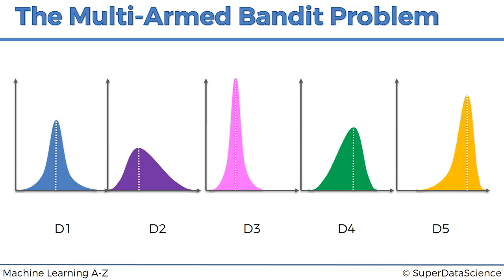I really like the white paper. It goes into a lot of detail. I didn't even read the whole thing, but the first couple of chapters are pretty good if you want to go into detail. But basically, regret is suffered when you're using the non-optimal method, right? The one on the right is the optimal machine.